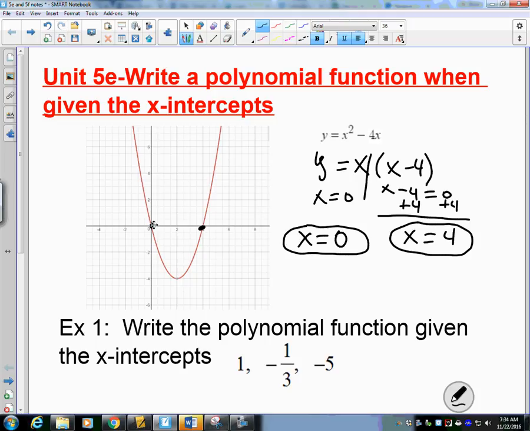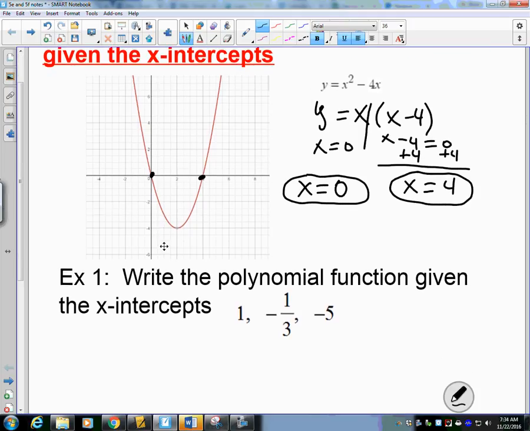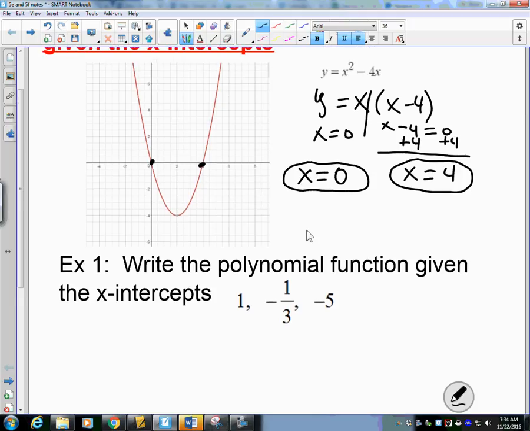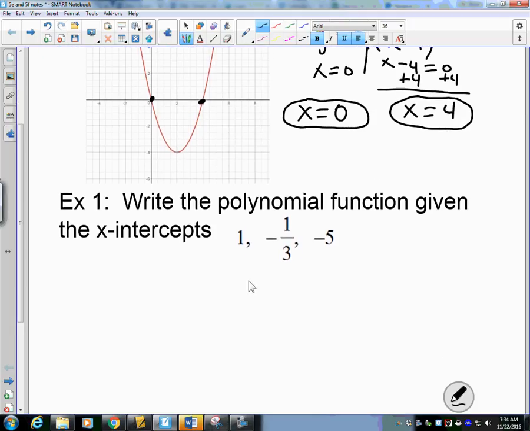So when we're writing a polynomial function, so we're writing out the polynomial from the given x-intercepts, we're going to work backwards from this. So the first thing we're going to do is set each x-intercept equal to 0. So x equals 1, x equals negative 1/3, x equals negative 5.